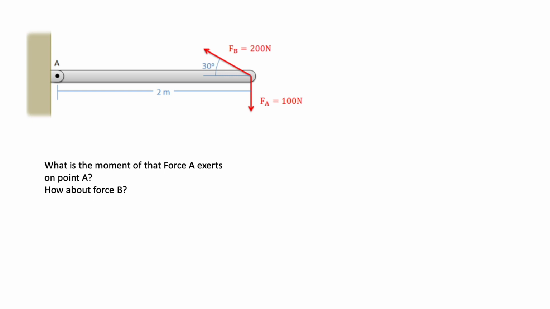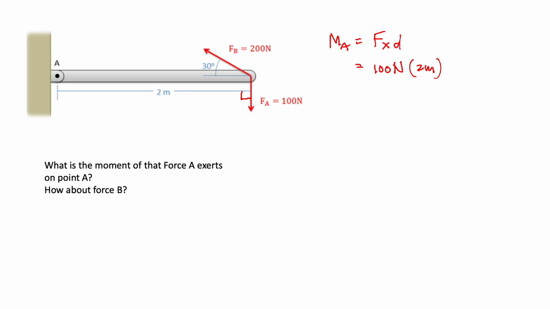And notice that this distance is perpendicular with force A. So we can just simply multiply. So moment A is equal to F times D, which is equal to 100 newtons times 2 meters.